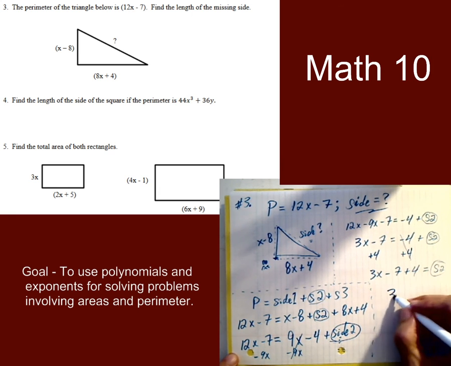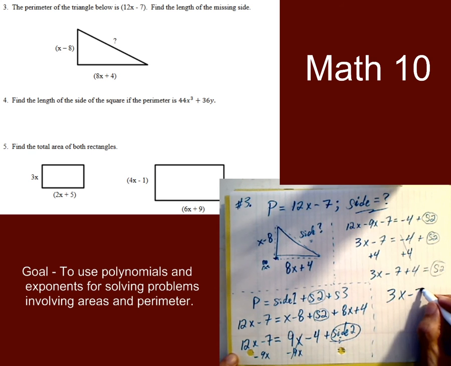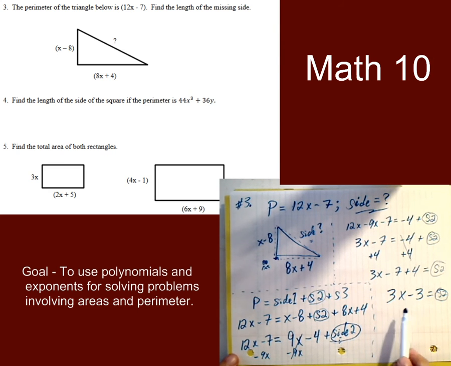So on the left side, what do we get? We get 3x minus 3 equal to our missing side there. So the thing to take a look is, can any further work be done? No, x is different than just a lone number, so they don't combine together.